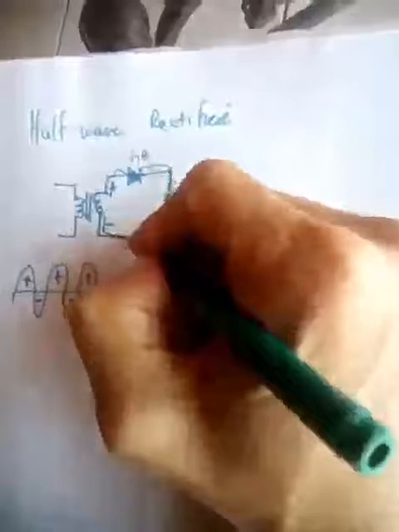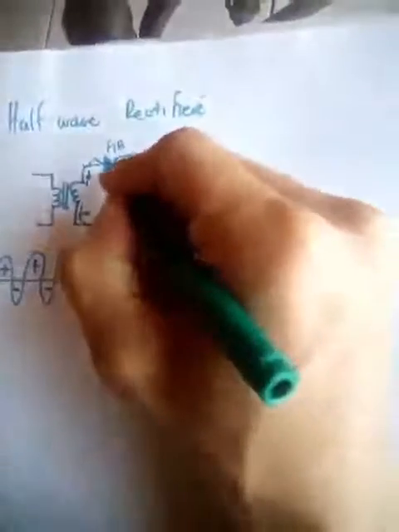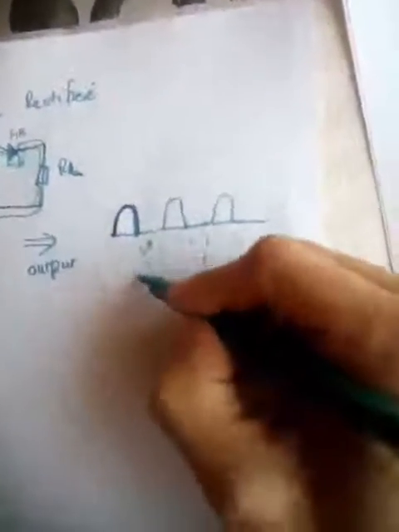Current flows on this side, goes up there, comes here. Now this diode will be reverse bias. Because it's reverse bias, it acts like a closed switch, so no current will flow.